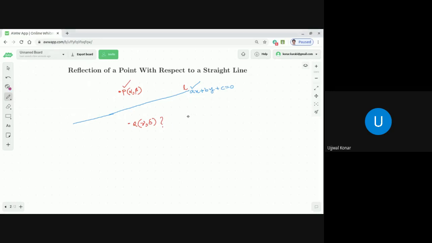That is (gamma minus alpha) by A is equal to (delta minus beta) by B, that is equal to minus 2 into (A alpha plus B beta plus C) divided by (A square plus B square).